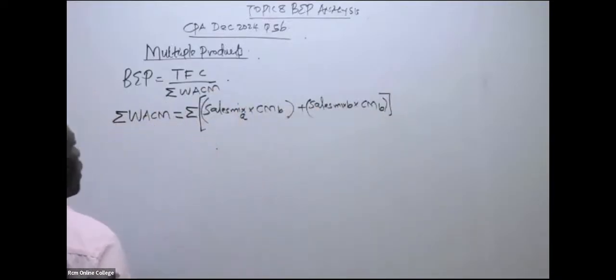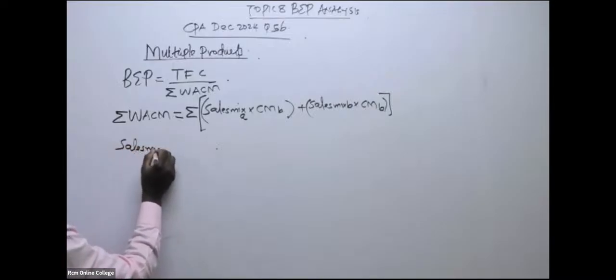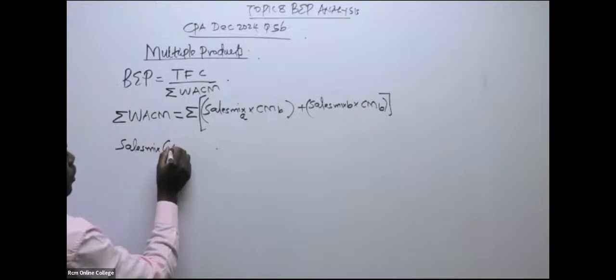Good. Then, how do we get the sales mix ratio? Another name for sales mix is alpha, right?